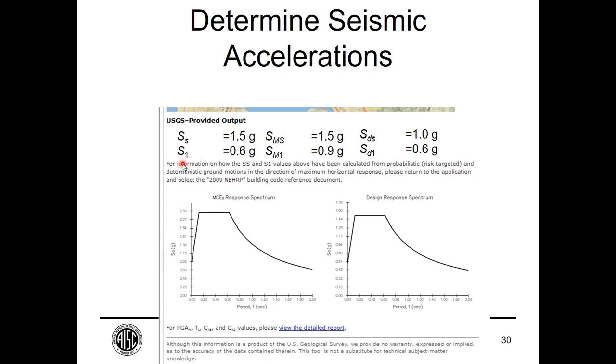It gives you the 1 second and 0.2 second accelerations, essentially in bedrock. Then it incorporates a site factor for each of these, corresponding to the site class that you specified. And then it takes 2/3 of those values, and this is what we input into the code equations, SDS and SD1.